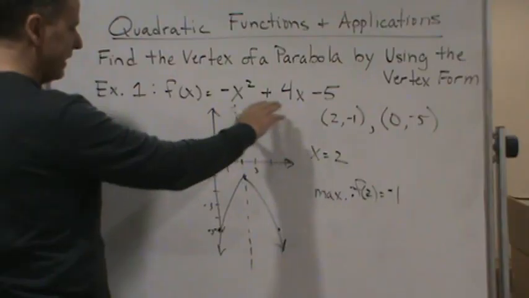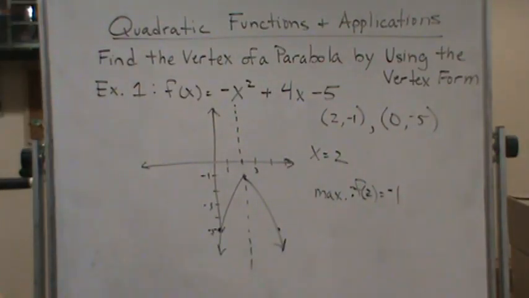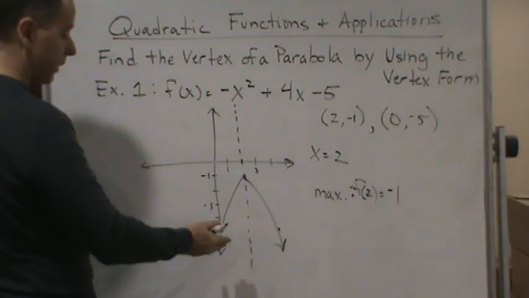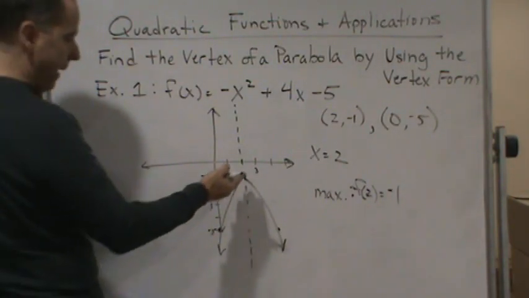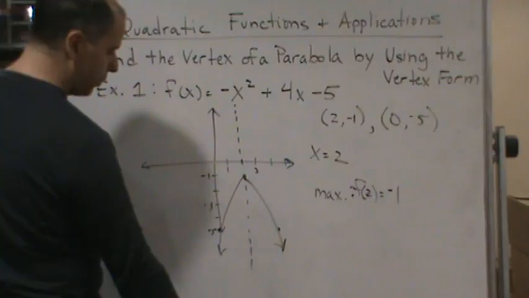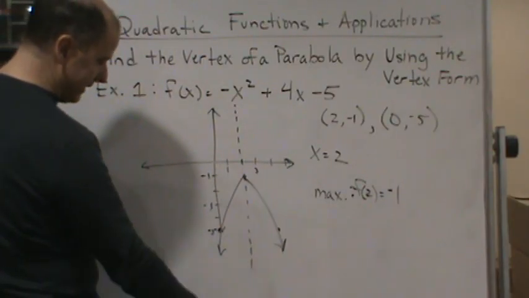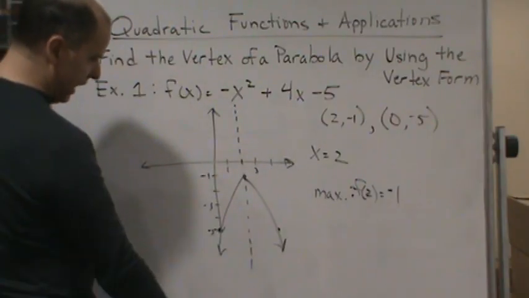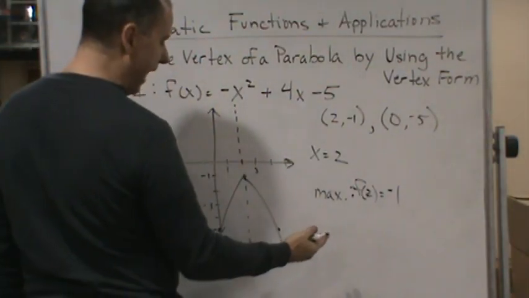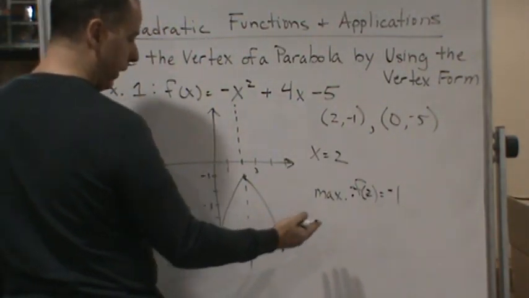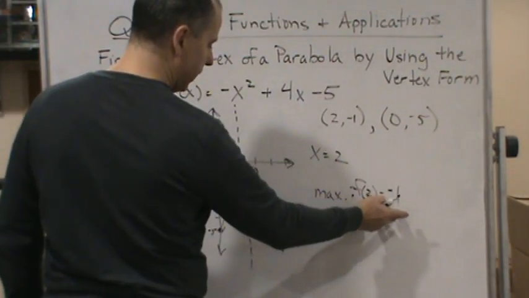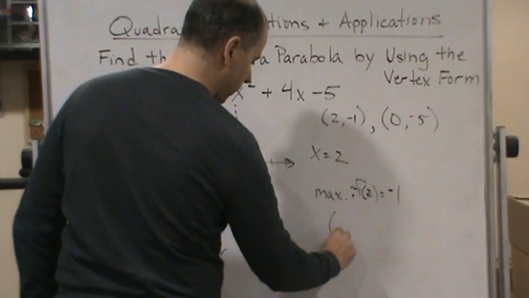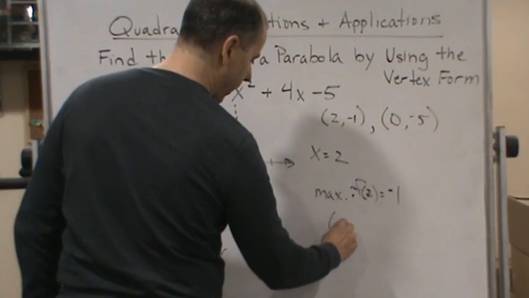Now, because we're dealing with a quadratic that opens downward, the range is going to be from the maximum value down to negative infinity. So it starts at the vertex and goes down. The maximum value is -1.